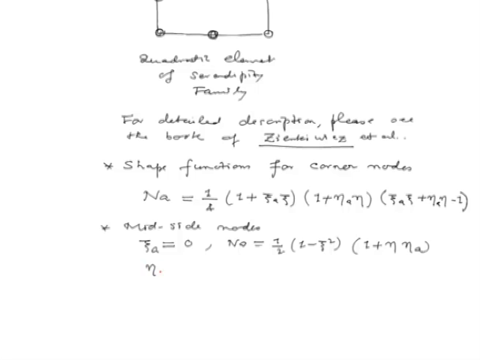And if the eta coordinate is 0, which will correspond to the other two mid side nodes, then the shape function N_a would be 1 by 2 (1 minus eta square)(1 plus xi_a xi).